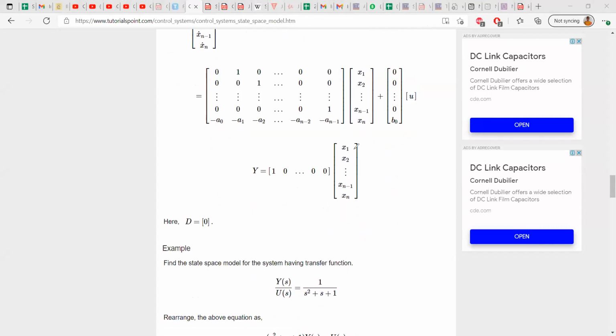If you multiply this 1 by n matrix with this n by 1 matrix, what do you get? X1 only. That is the assumption we took at the start.